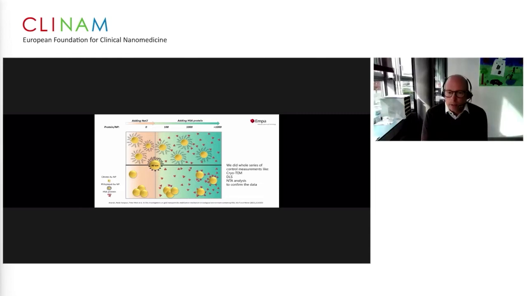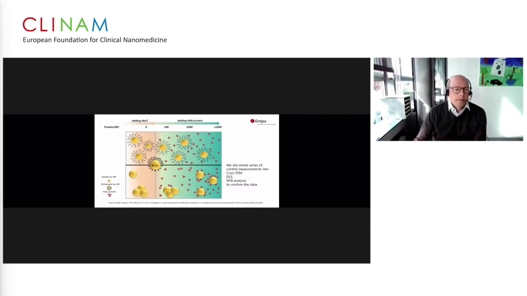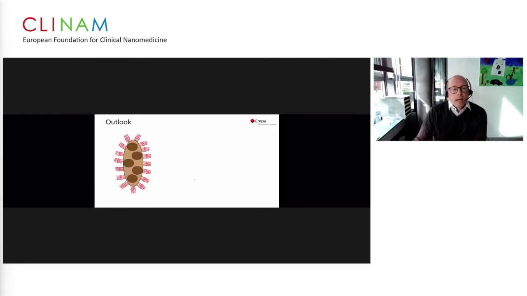We can describe it, and hopefully we can also mirror it back and bring this knowledge to new particle designs. So the outlook, and we already have first evidence: we are able to see and monitor also what happens with more complex particle systems like these core-shell and surface-modified particles, which have single building blocks embedded in a matrix and additionally are functionalized.